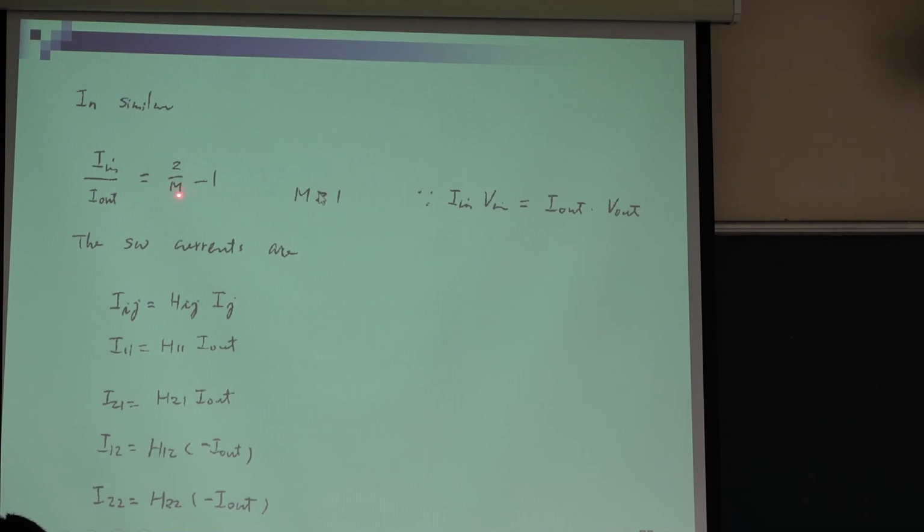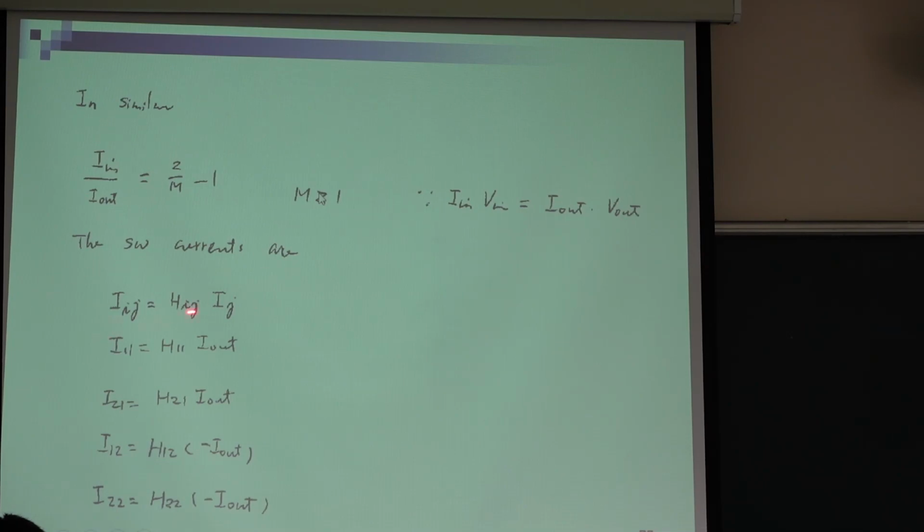Okay. If the M equal to 2, then what happens? 2 divided by 2, then this is 0. If M equal to 4, then 2 divided by 4, then this is minus 0.5. So we can change the gain of the current and the gain of the voltage.